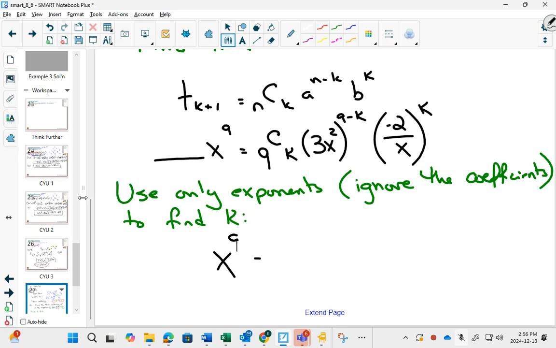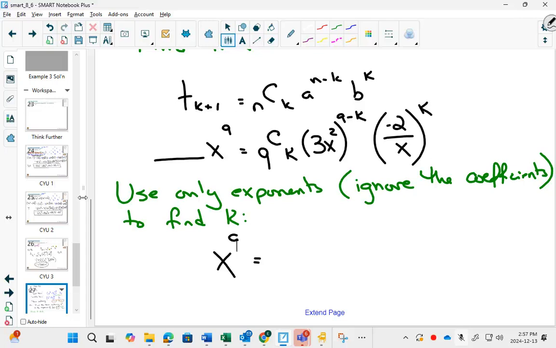On the right-hand side, do you see that you have x's with exponents? You will have x's with the exponents in your numerator here, and over here you'll have x's with the exponents in your denominator. The 9 choose k is going to be a number in the end, so I'm going to ignore it for now. The 3 to whatever this is going to be a number. I'm just going to ignore it for now.